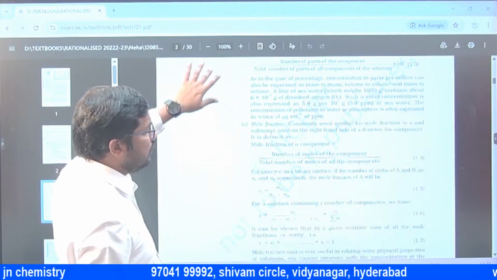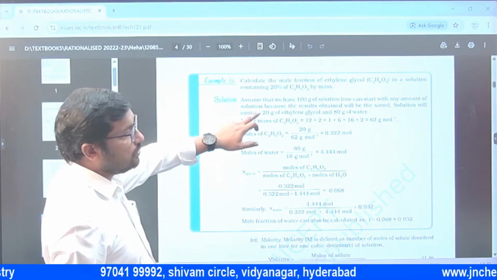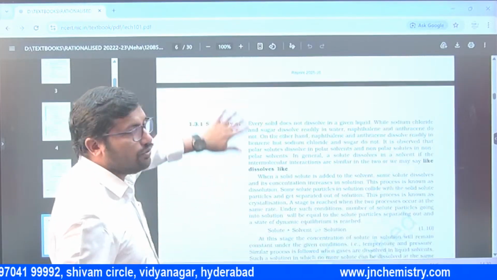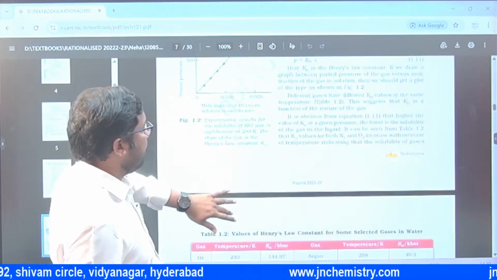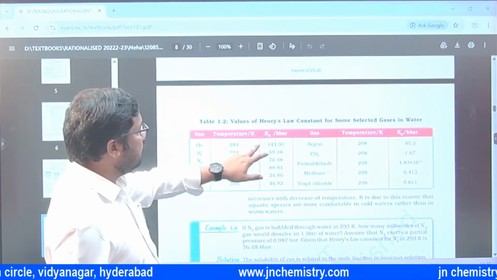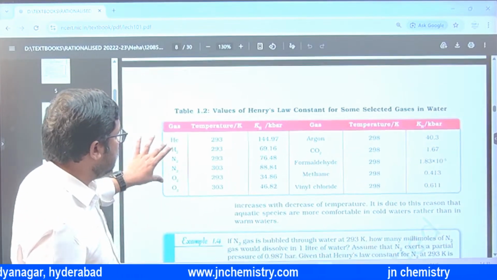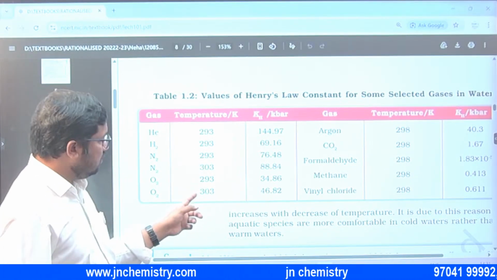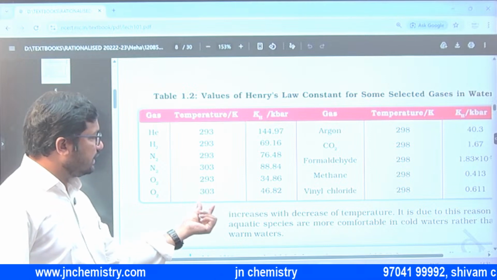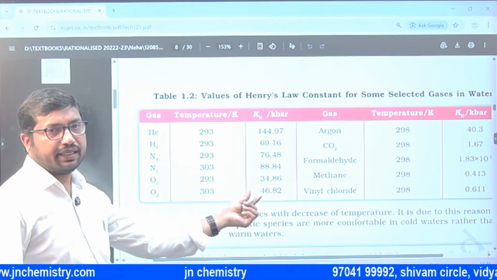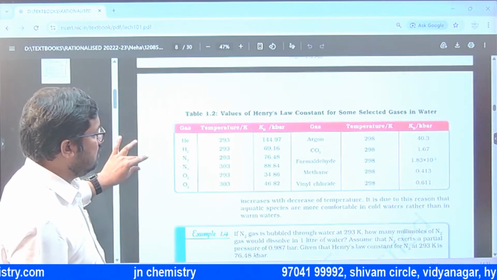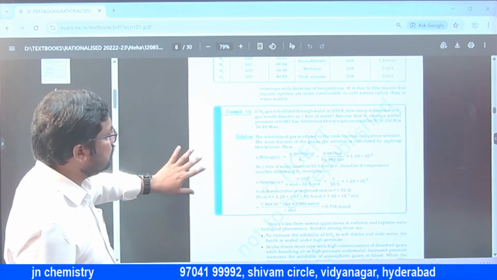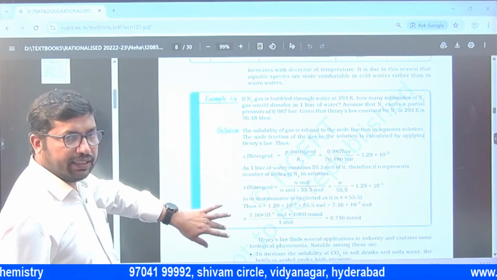Just go through it line by line, and whatever questions are there in the text questions, just see them first. Then afterwards go to the previous year questions. These are the KH values they already give you. See, for oxygen, 293, 34, 303, 46 means temperature increased, KH value is also increased. Just go through the NCERT and try to solve this type of questions. See it first.